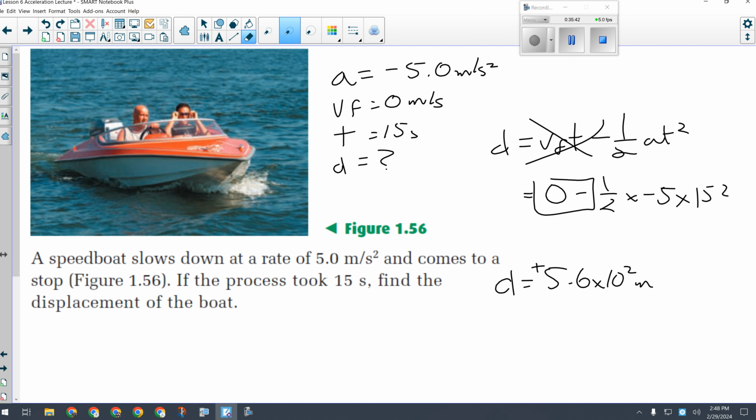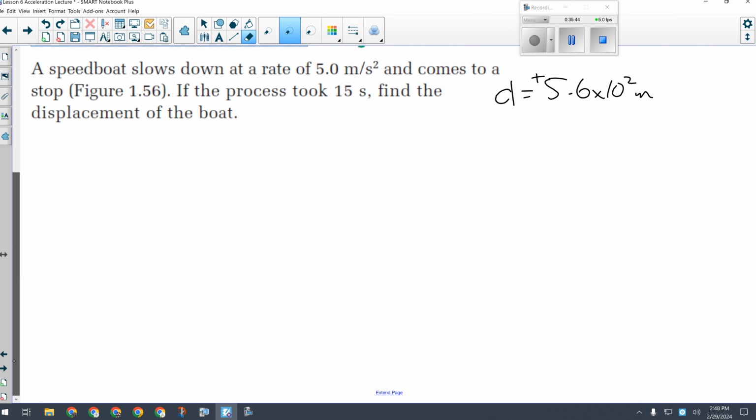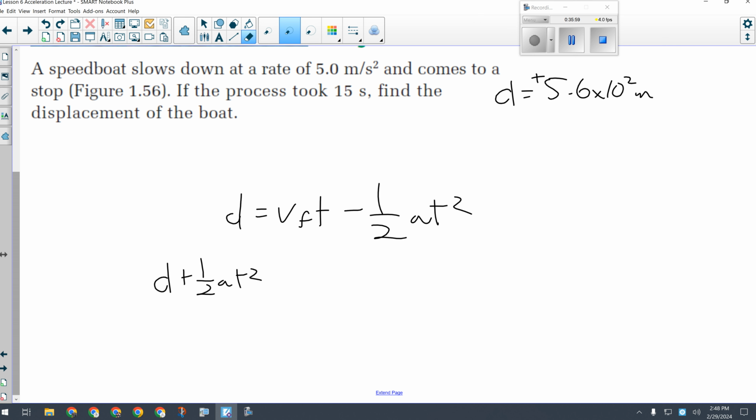Okay. Now, if we're looking at manipulations, it's the same as the other formula. Okay, D equals VF times T minus 1/2 AT squared. If I want to solve for VF, I'll add the 1/2 AT squared over. That would equal VF times T, and then I would just divide both sides by T. Okay, it would come over, same as we did with the other formula. Okay, if I want to solve for A, actually what I would do is add the AT squared over here.